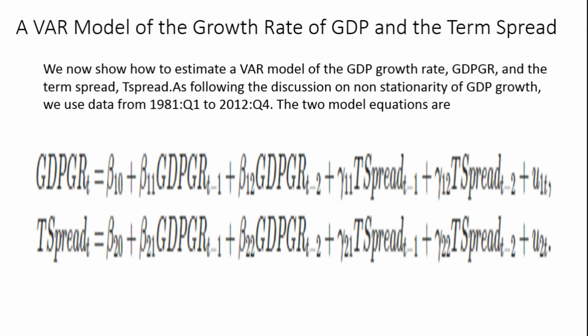So the two model equations are given on your screen, in which we express the GDP at current time as a function of lags 1 and 2 of GDP and term spread, as well as the term spread of the current period, which is expressed as a linear combination of GDP and term spread of lags 1 and 2, without forgetting the error term in every equation.